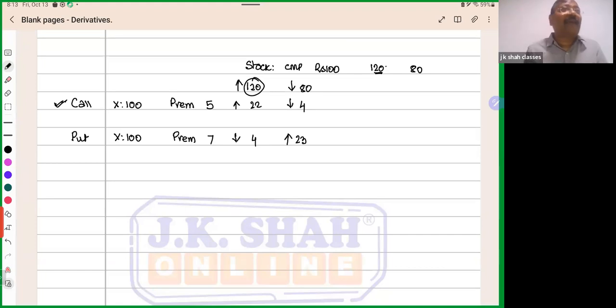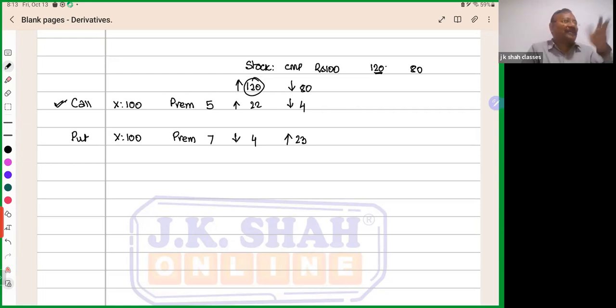That means, can we say that the price of the call moves in the same direction as the stock, and the price of the put moves in the opposite direction of the stock? Achha. Now just recollect stocks. Market goes up, stock goes up. Is the beta of the stock positive or negative? That means, if the stock moves in the same direction as the market, you say that the beta is positive.